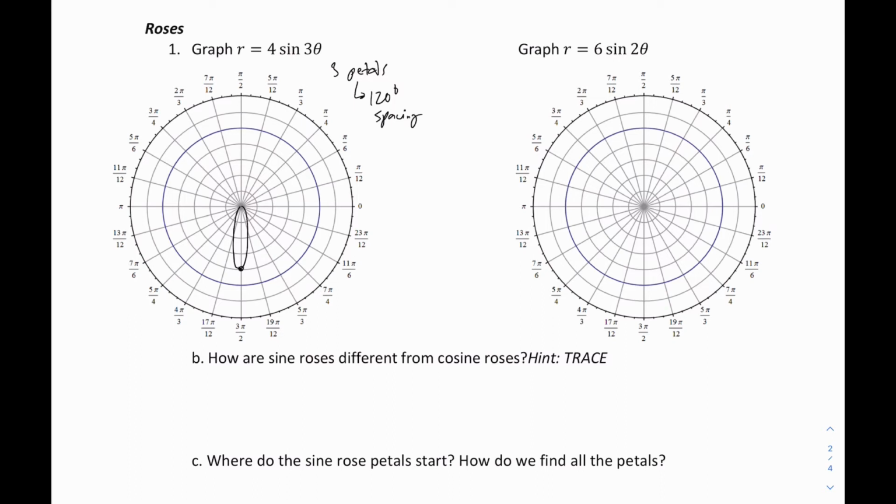So 120 from that, from the bottom, should be about pi over 6, I believe. So right here. And then 5 pi over 6. Okay, now that one's done.